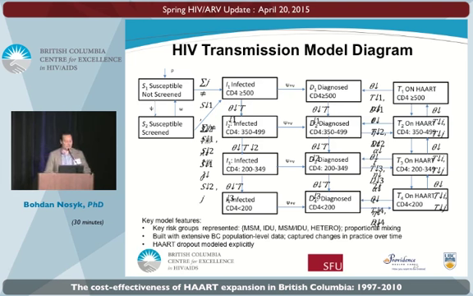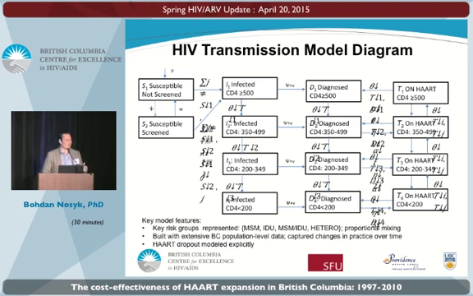So it starts with a group of susceptible individuals which go through stages of screening and not having been screened. And they can progress to an infected state, at which point their disease progresses. There's no improvement in disease progression if they're infected and not on HAART.